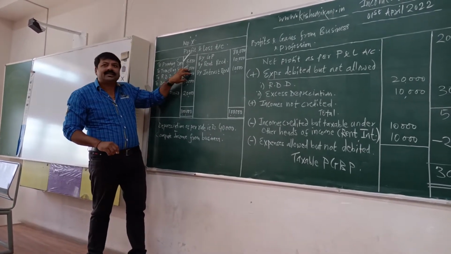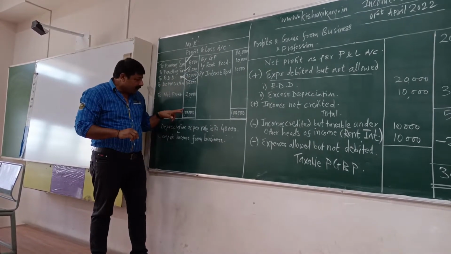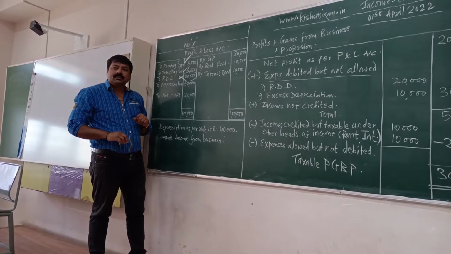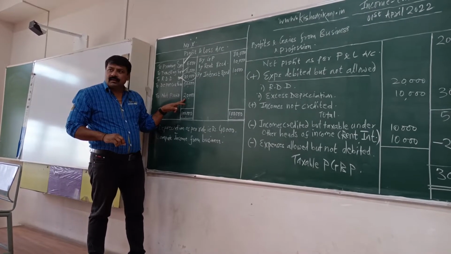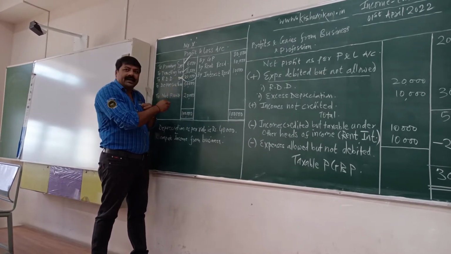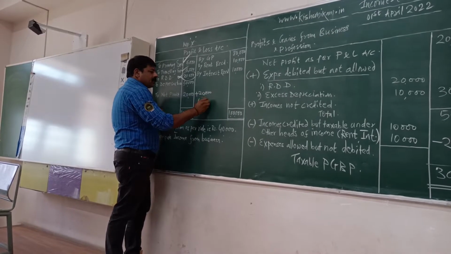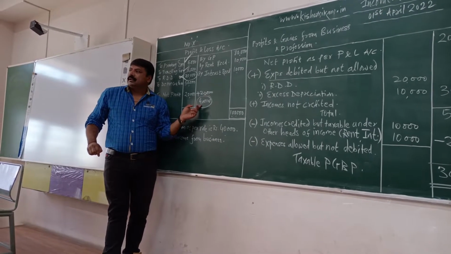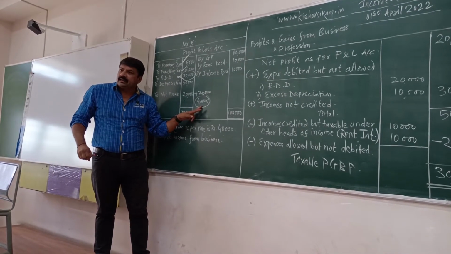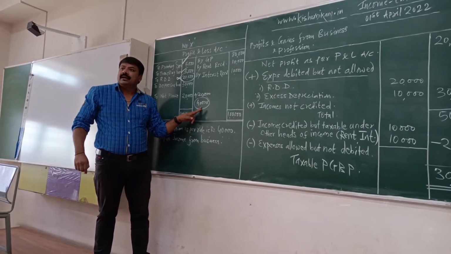ये डेबिट करने की वजह से क्या होगा? देखो, अगर ये 20,000 डेबिट नहीं करता, तो ये नेट प्रॉफिट कितना होता? अरे 20,000 अगर नहीं होता तो नेट प्रॉफिट कितना होता? ये ऐड हो जाता ना इसमें 20 + 20, तो नेट प्रॉफिट वुड बी 40,000. पहले कितना था? 20. अभी कितना होना चाहिए? 40. मतलब ये ऐड करना है कि लेस करना है? ऐड करना है.